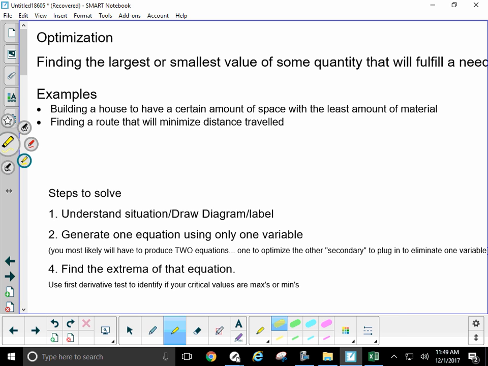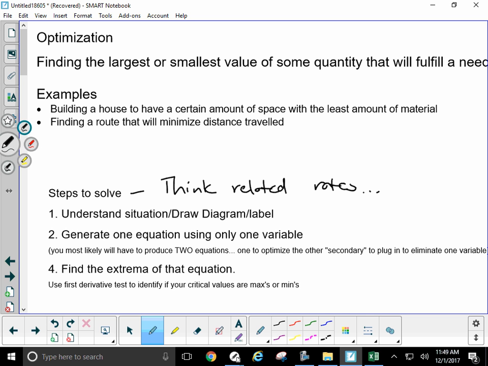Now, I don't want you to write down all of these steps to solve. I just want you to think of how you did the related rates problems. Most specifically, think about what is fixed and using what is fixed to simplify what you are trying to, in this case, optimize.